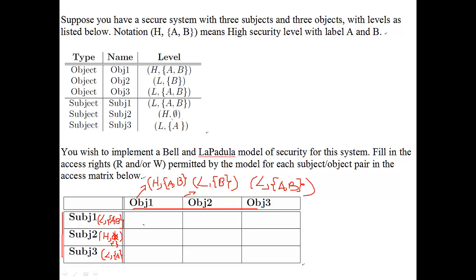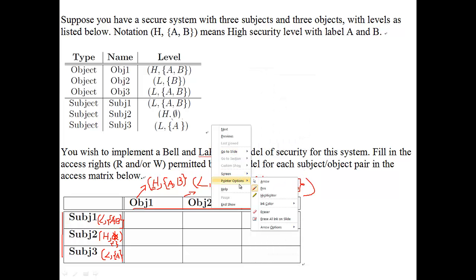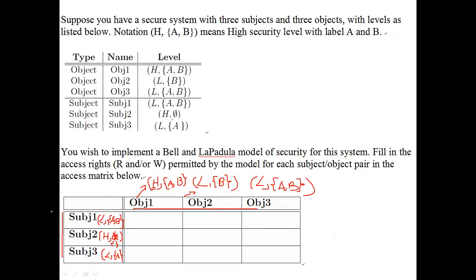Let's see whether subject 1 can read and write to object 1. Because the level of subject 1 is lower than object 1. Let's go to the green pen, okay?